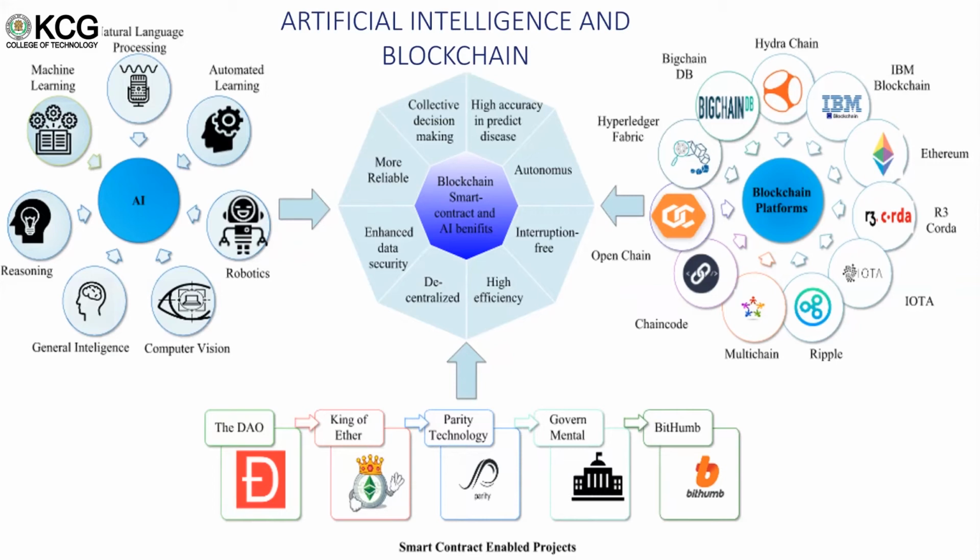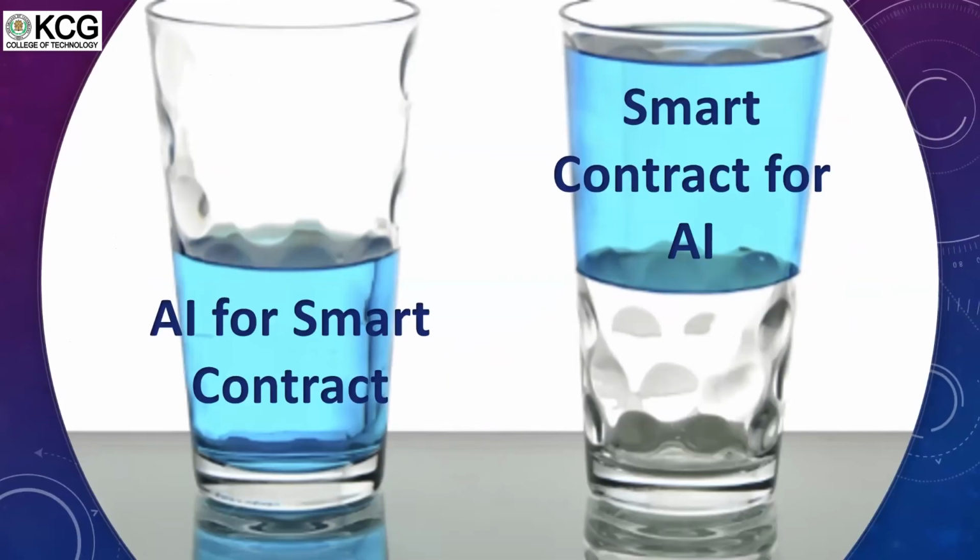So now let's look at how both of them can help or influence each other, right? The way I have looked at it is I've split that into two categories. One is how can I use AI to make smart contracts more intelligent or more sophisticated? That's the first category: using AI for smart contracts.